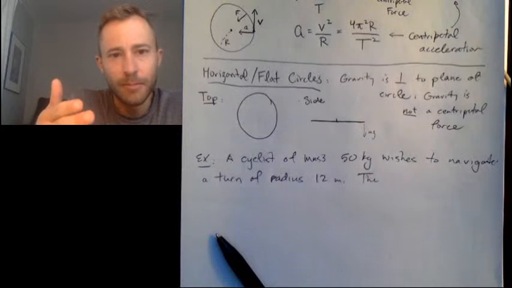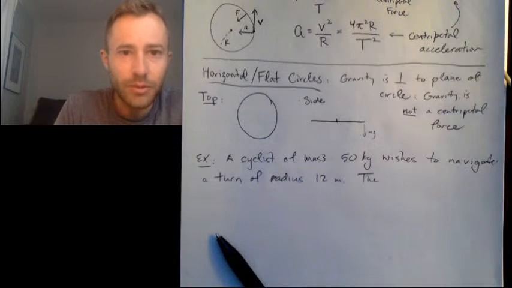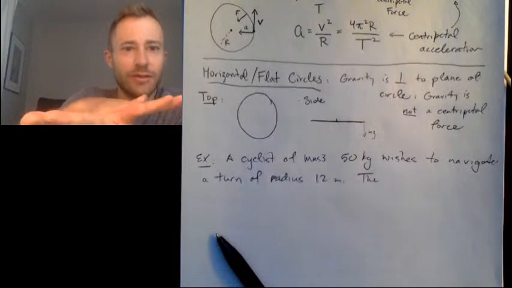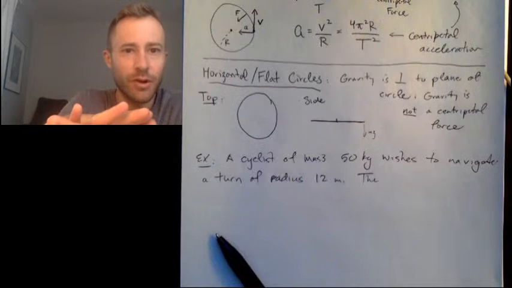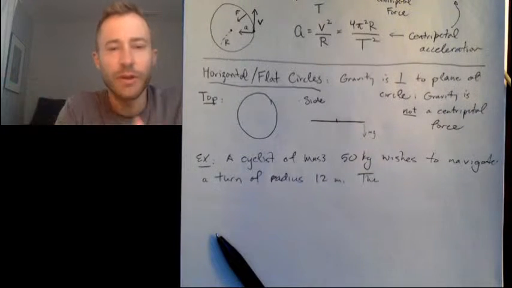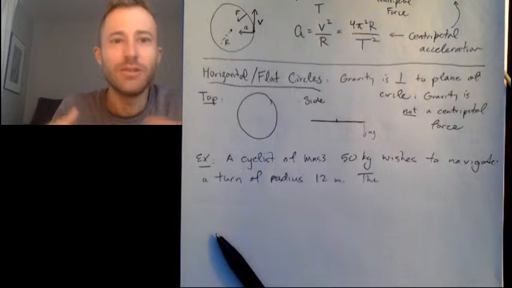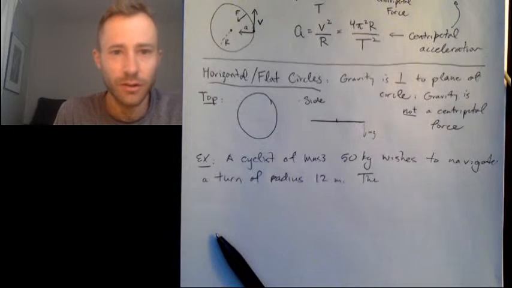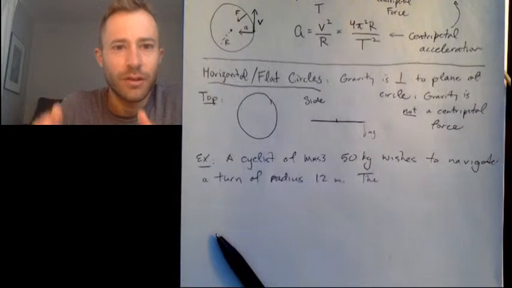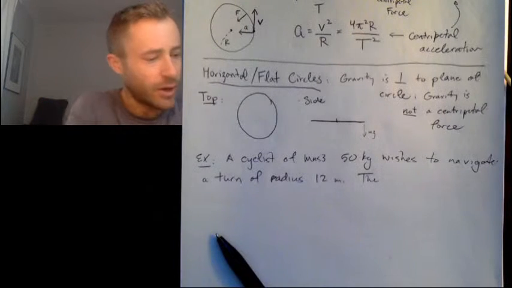So peeling out, for example, is an example of kinetic friction acting on the tires because the wheel is sliding against the surface of the road. So skidding, drifting, peeling out, these kinds of things are using kinetic friction. But under nominal conditions, you actually have static friction, okay?